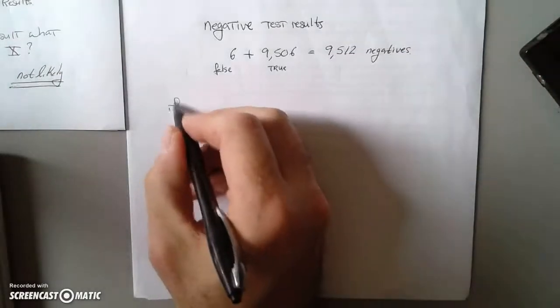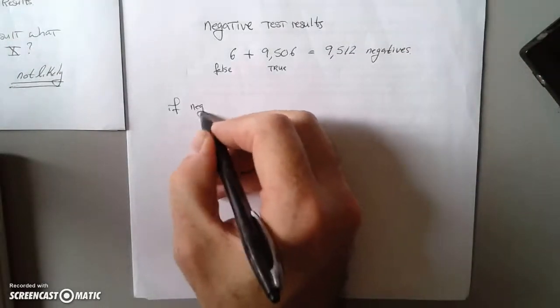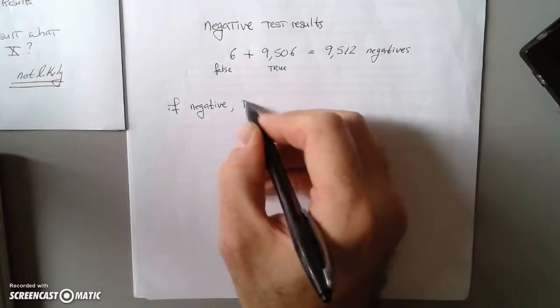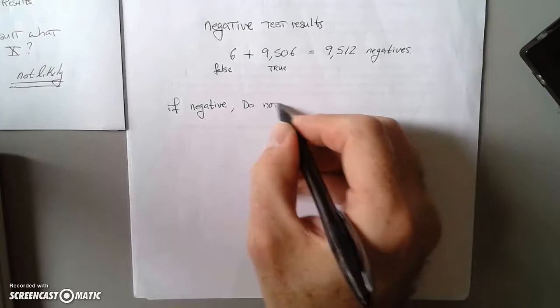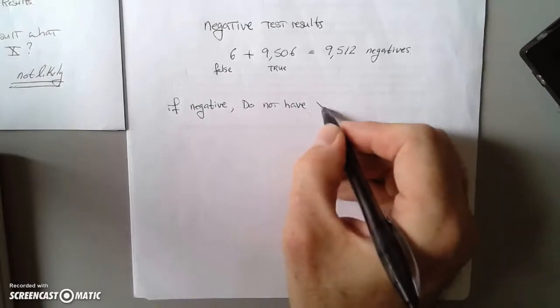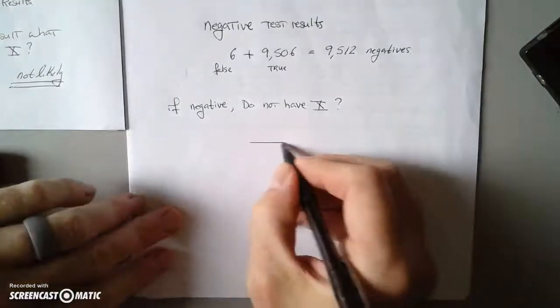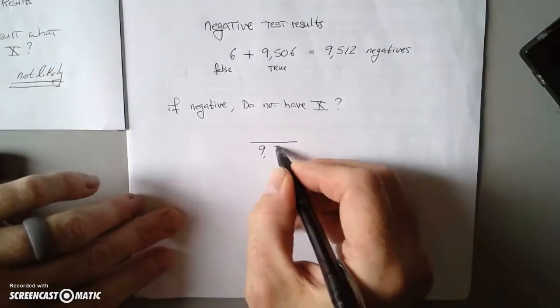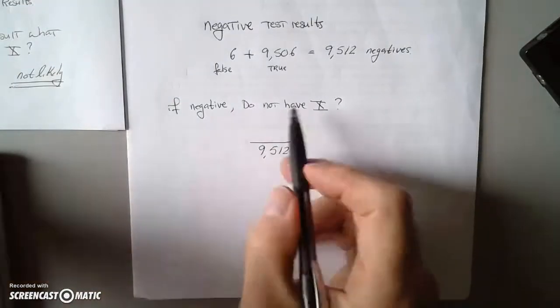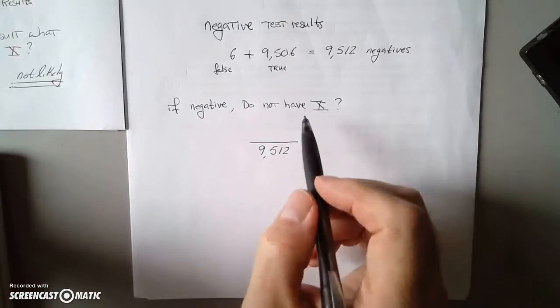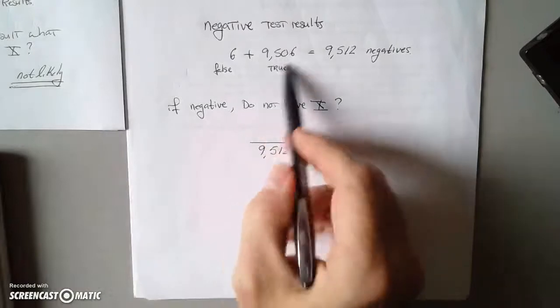So if your result is negative, what are the odds that you do not have X? Well, the total number of negative results is 9,512. The ones that correspond to not having X, the true ones, are these.